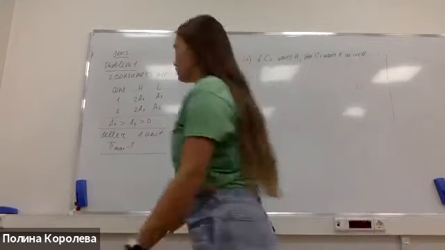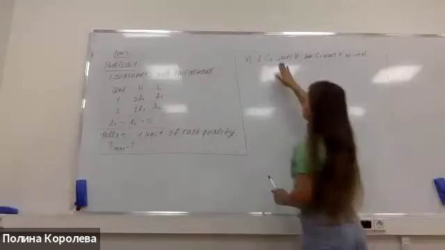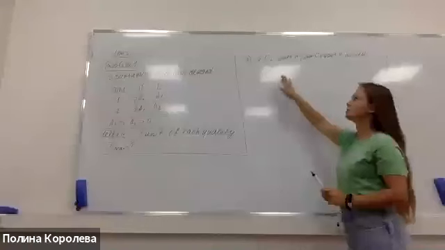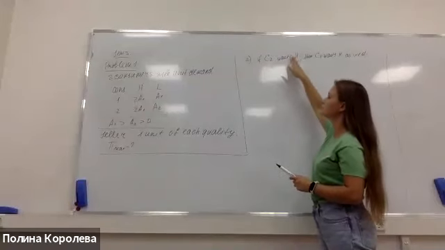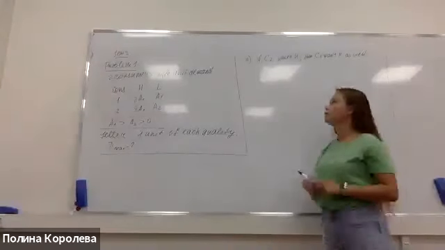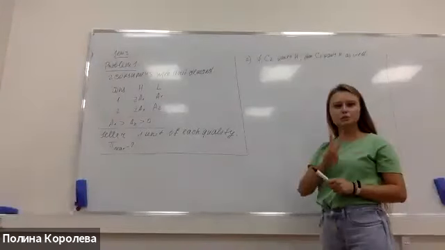Let's prove it. We need to write down two things that will tell us that the second consumer wants to buy high quality good. We need to write down 2 constraints.